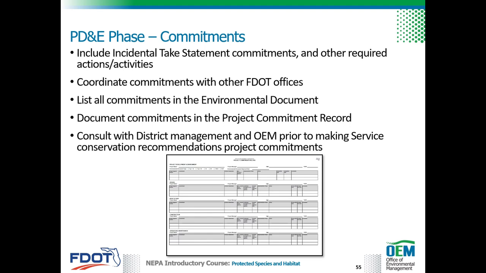The project manager should ensure clear and concise transmittal of the commitments to the subsequent project phases, including final design and construction. Commitments related to protected species and habitat made by FDOT over the course of the project study are documented on the project commitment record according to FDOT's project commitment tracking procedure once the environmental document has been finalized.